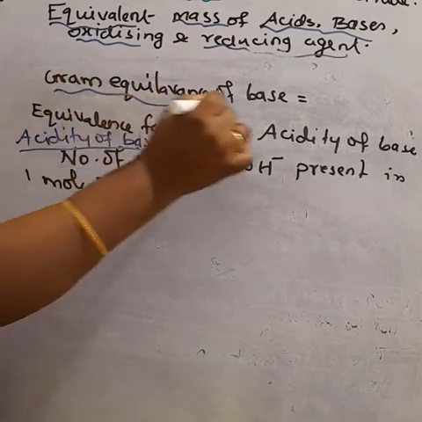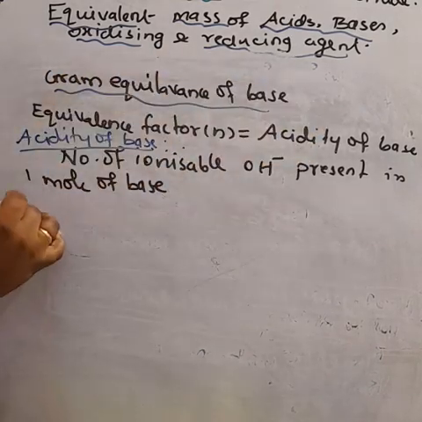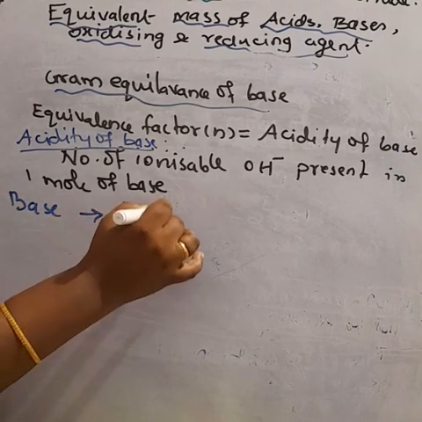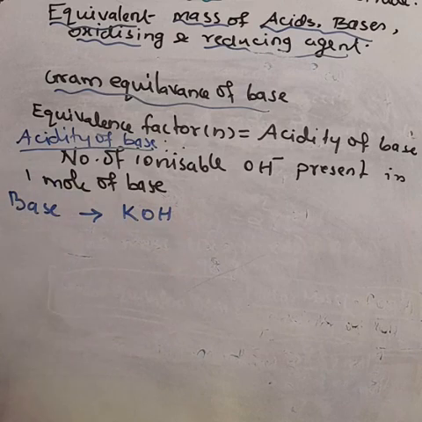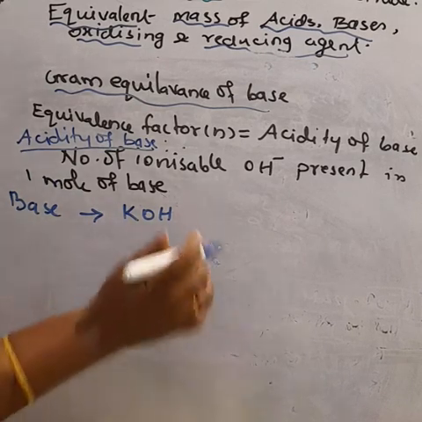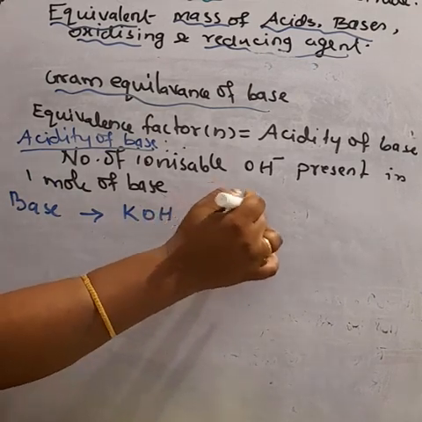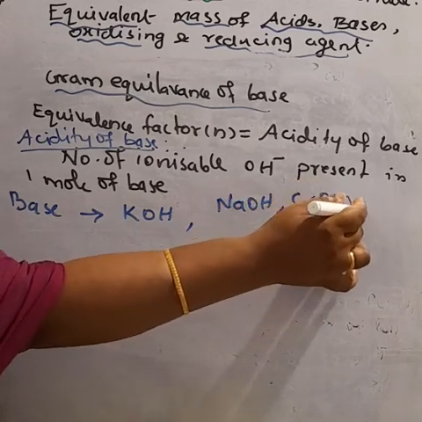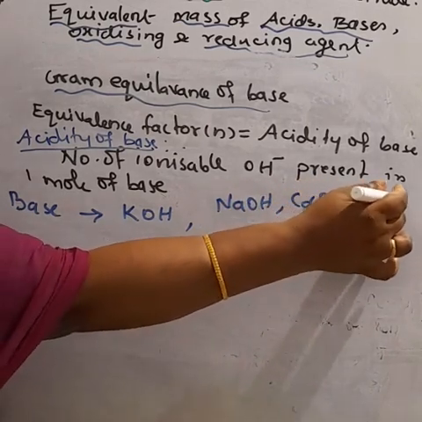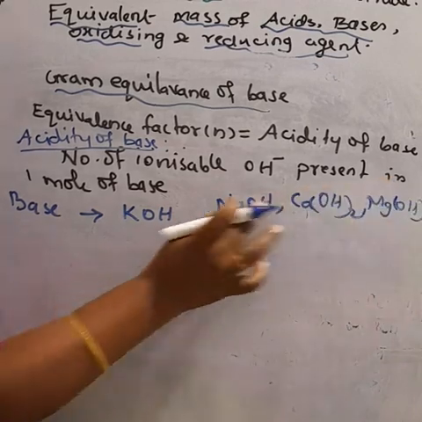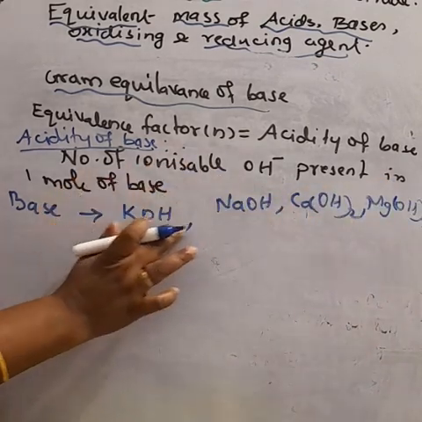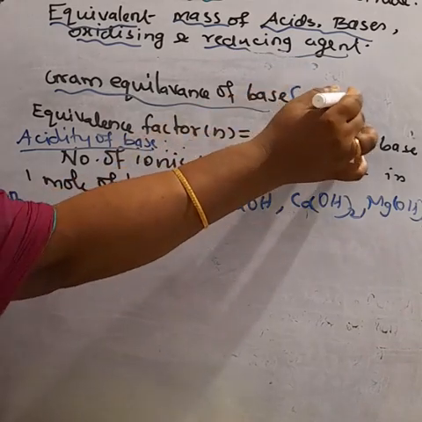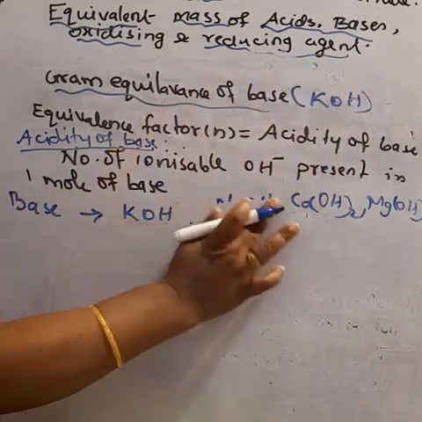You know, a base means the OH minus ions present in any compound. For example, NaOH, sodium hydroxide; calcium hydroxide, Ca(OH)2; magnesium hydroxide, Mg(OH)2. These are the bases. Okay, so here we are going to calculate the gram equivalent mass of KOH. Understood? So what is the acidity of the base here?